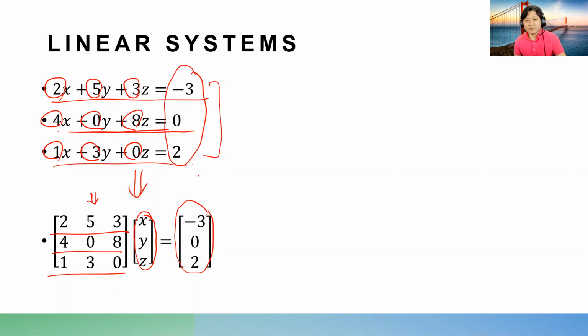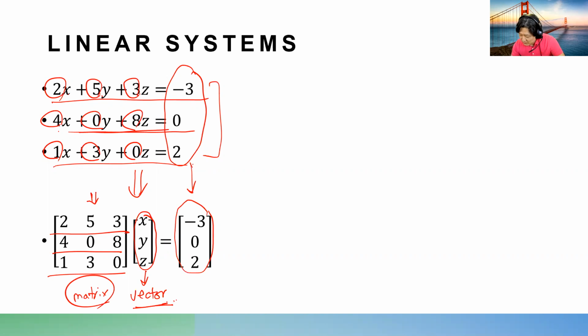It's right here. Okay. So based on this relationship, you can see this is a vector, right? If we do the linear transformation, this is a matrix.